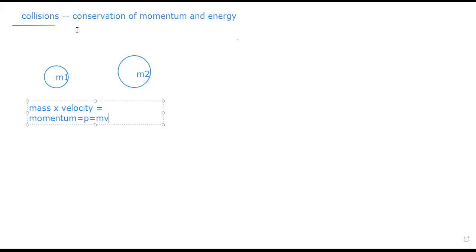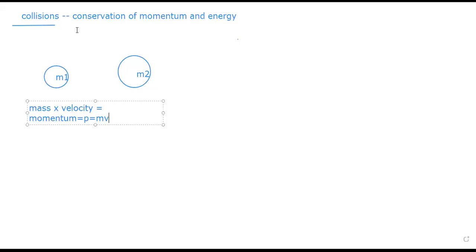We should have a definition for collision, and then during that collision, which physical quantity or quantities are constant or change. The next topic is how many types of collisions there are. These are the concepts introduced in this subject, collisions.